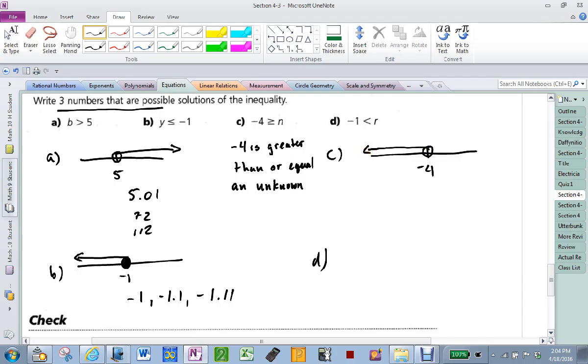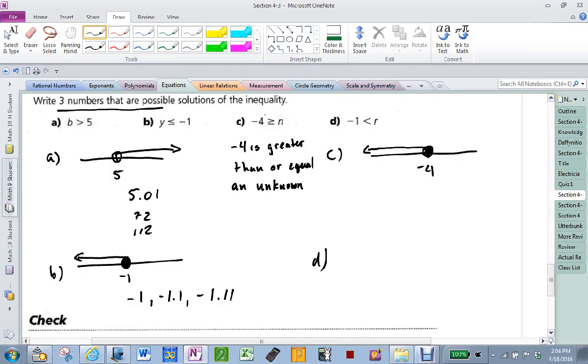Yes. That blows your minds because you don't want to draw the arrow the opposite way on the number line than it points. But it makes sense when you say it in English, doesn't it? That is telling me negative 4 is the biggest number I can have, so all the other numbers must be less than that.